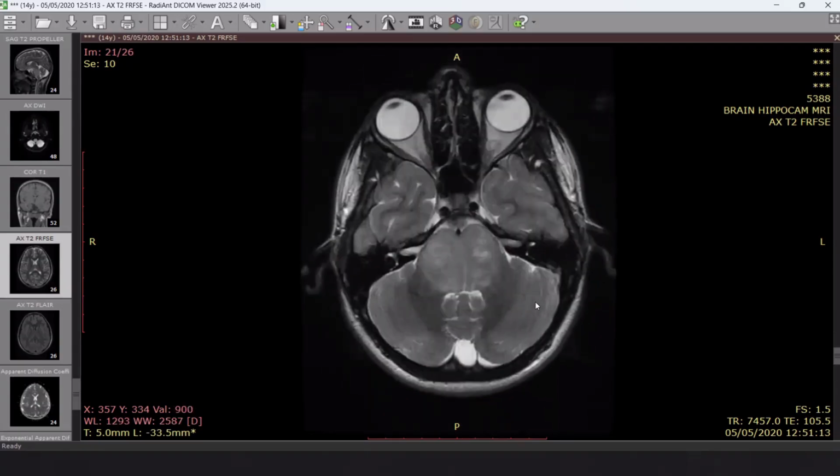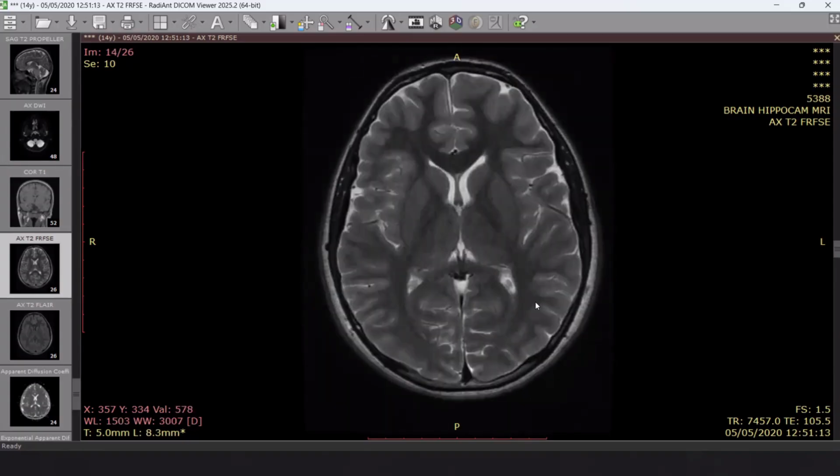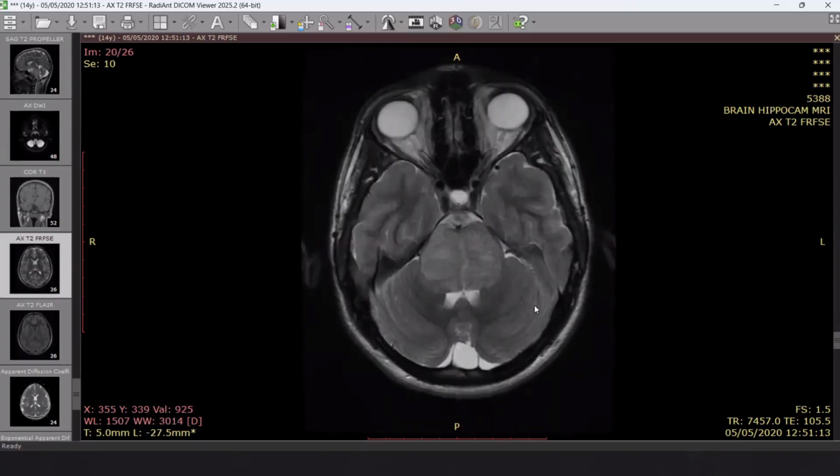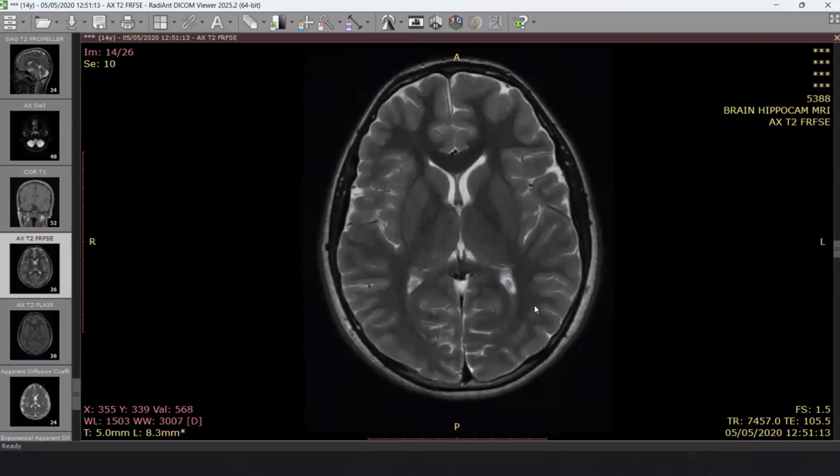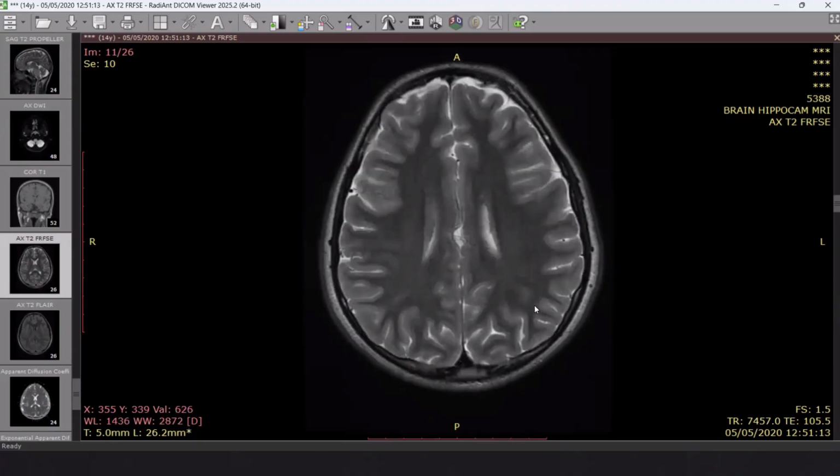The pons is markedly distended by the space-occupying lesion, partially engulfing the basilar artery. We don't have any significant supratentorial ventricular dilatation or hydrocephalic changes. So the most logical differential diagnosis is diffuse pontine glioma.